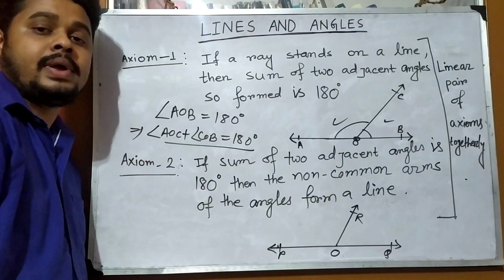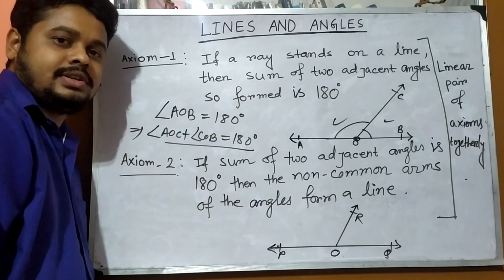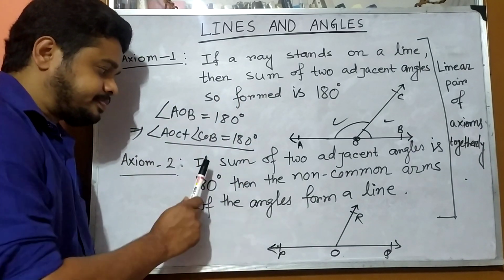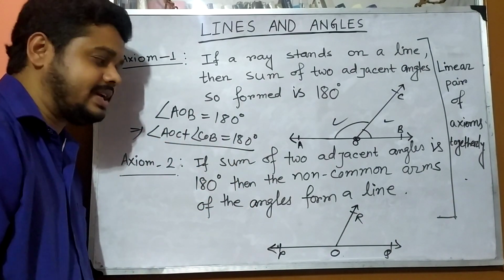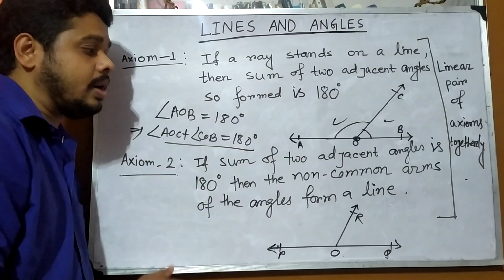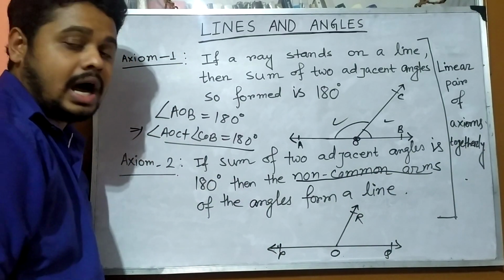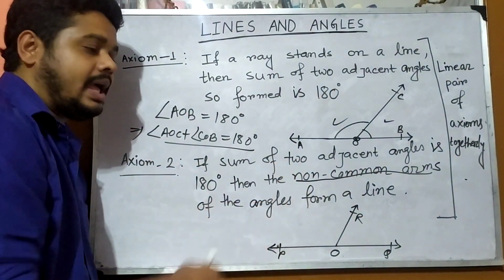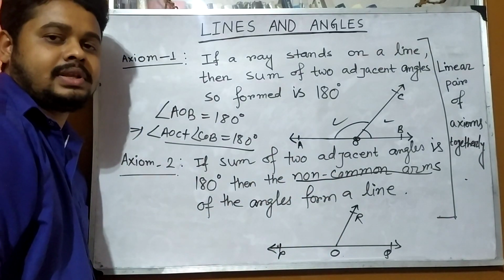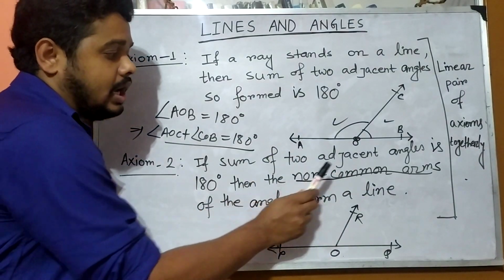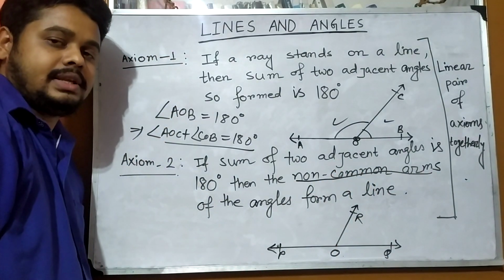Now the next axiom, axiom 2, you can say is the reverse of that. If the sum of two adjacent angles is 180 degrees, then the non-common arms of the angles form a line.